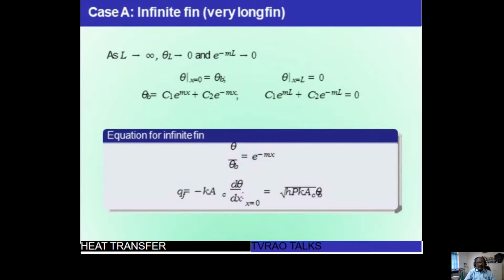For a very long fin or infinite fin, the heat transfer equation is square root of hPkA into theta suffix b, where h is the convective heat transfer coefficient, P is perimeter, k is thermal conductivity, and A is cross sectional area. This is for an infinite fin or very long fin. This is the heat transfer equation, and this will be the temperature distribution equation.